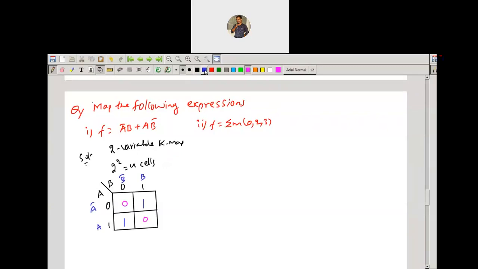Now coming to the second one. How many variables are there in the minterms 0, 2, 3? It is again a two variable function, like 0, 1, 2, 3, a total of 4 input combinations. So you can use a 4 cell K map here also.